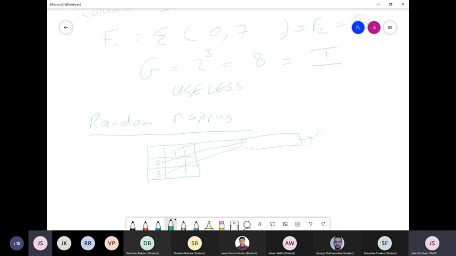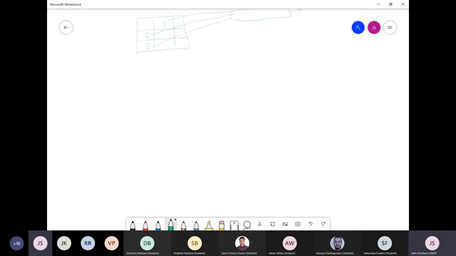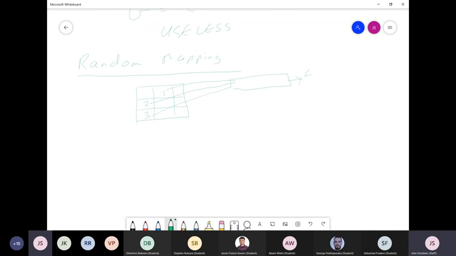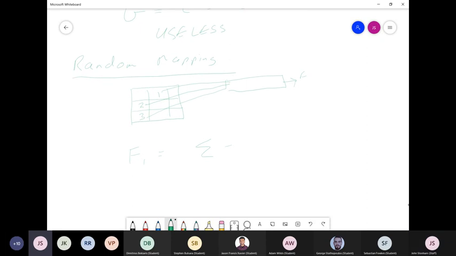Now let's find F1. Right, we're looking at the top middle, the middle left, and the bottom left.